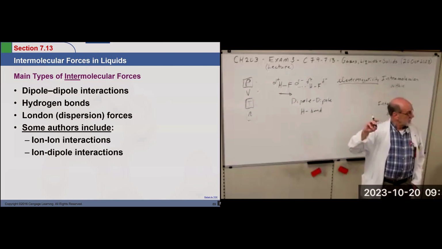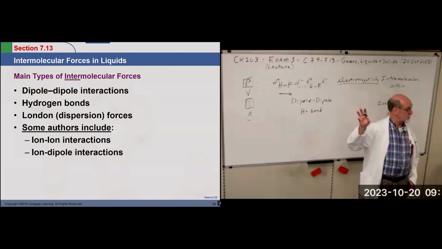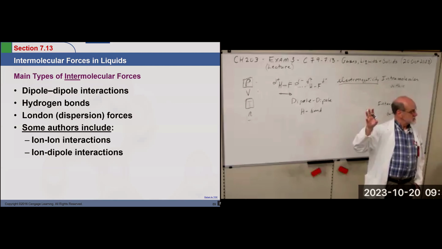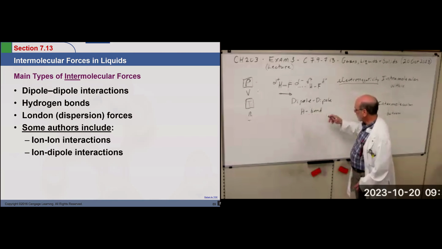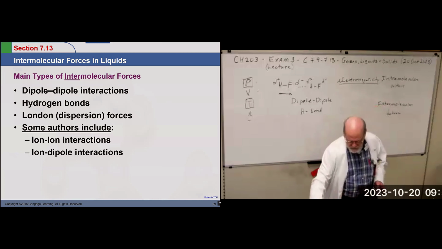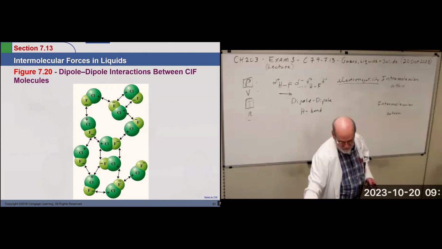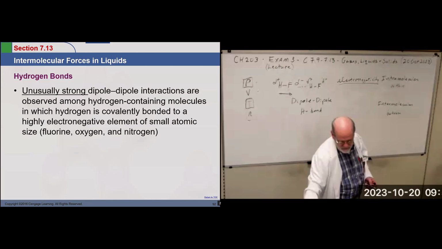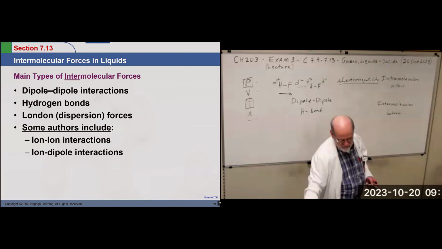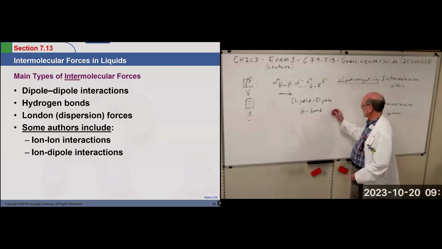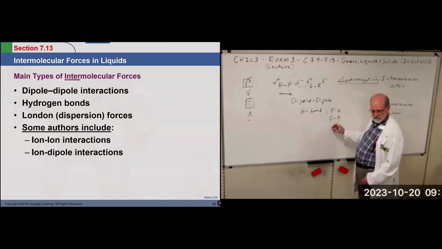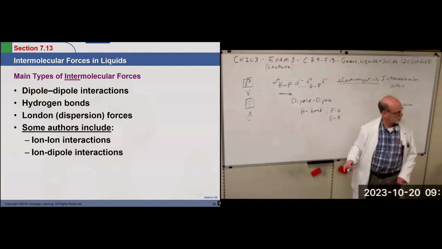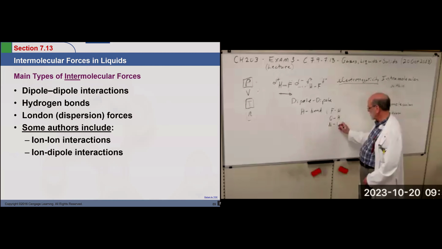Oxygen does. Nitrogen does. Sometimes sulfur does have very strong attraction. And those, let's see, are they going to try to steal my thunder again? Fluorine, oxygen, nitrogen. Okay, they're only giving us fluorine, oxygen, nitrogen. So if fluorine is bound to a hydrogen, oxygen has a hydrogen, and what did I say, nitrogen? Yeah, nitrogen has a hydrogen.